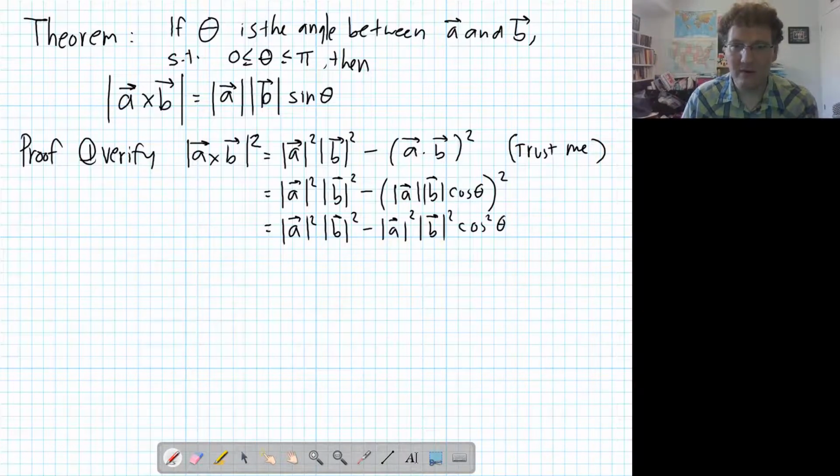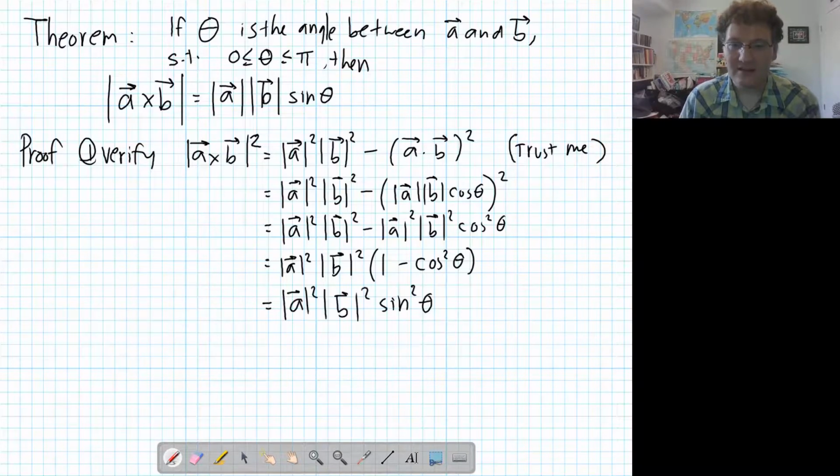Notice we have the magnitude of A squared, the magnitude of B squared as a common factor. 1 minus cosine squared theta is what you get when you factor that out. And if you remember your trig, 1 minus cosine squared theta is the sine squared of theta. The sine of theta is greater than 0 because theta is between 0 and pi.